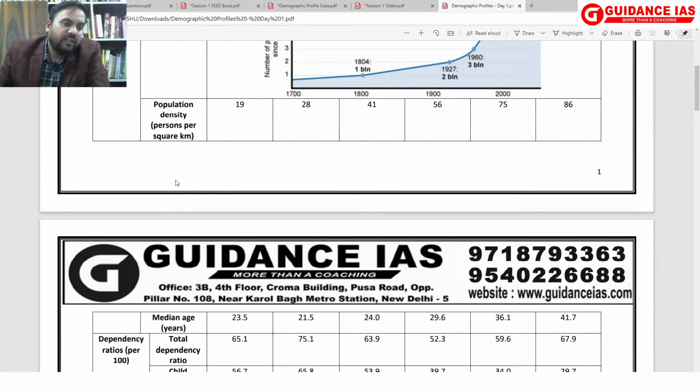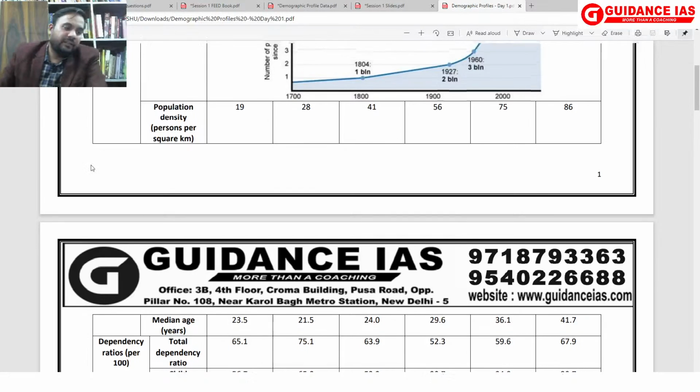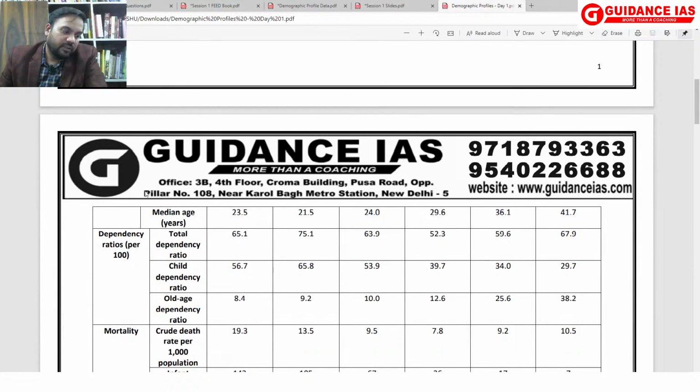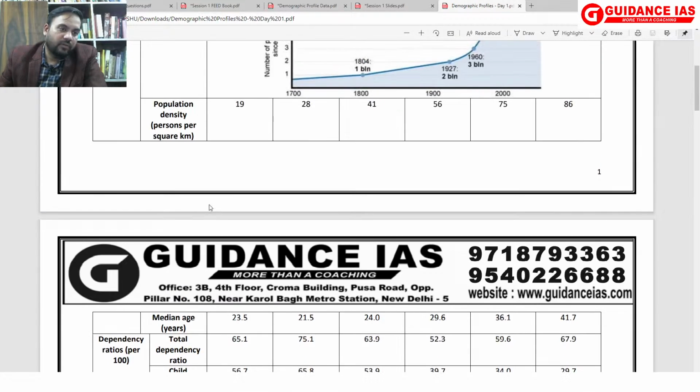And see how to remember, how we tend to remember. For example, suppose I am trying to remember the median age of the population.